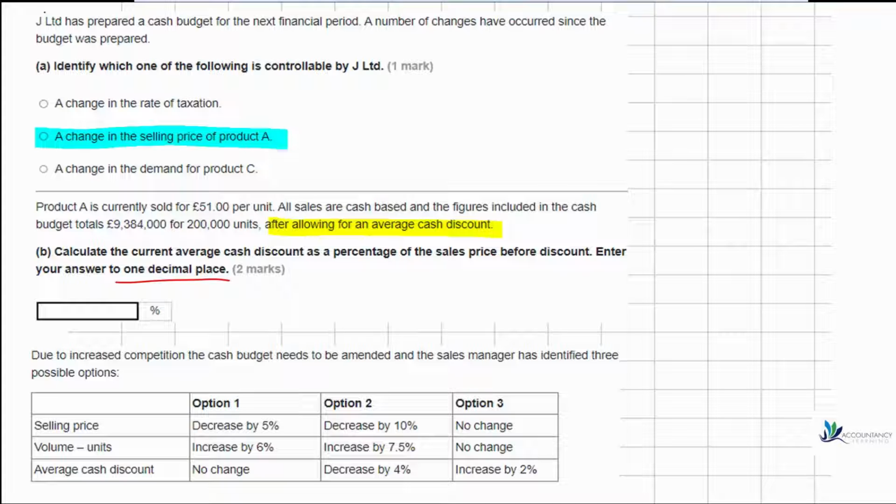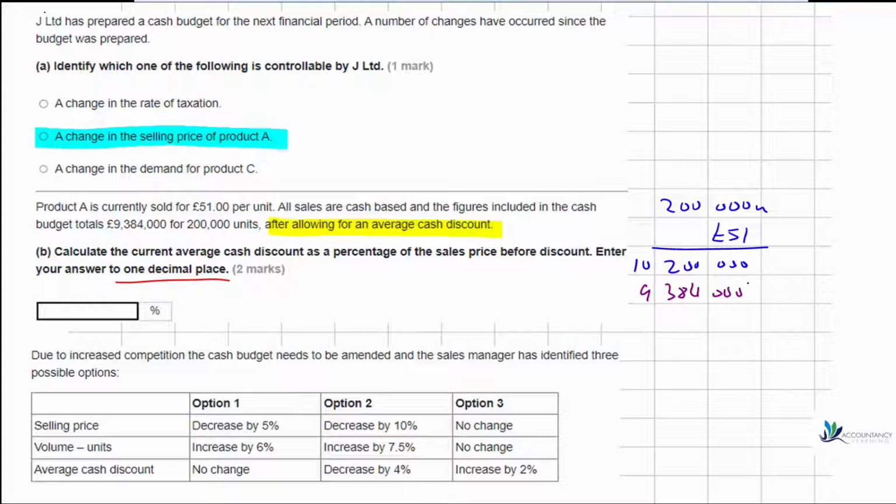Okay, so we know then that we've sold 200,000 units, and ordinarily we would sell those for £51 each. So that would give us a total income of 10,200,000. But we only actually receive 9,384,000.